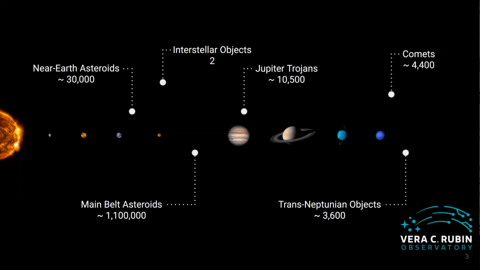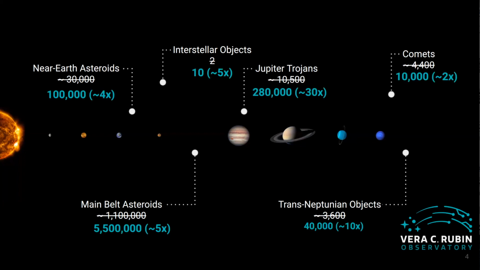We currently know of thousands to tens of thousands of many of these objects. There are more than 1 million known main belt asteroids, but all of these numbers are going to be dwarfed in the era of LSST, which is expected to increase the number of known objects in these populations by a factor of several to an order of magnitude or more.